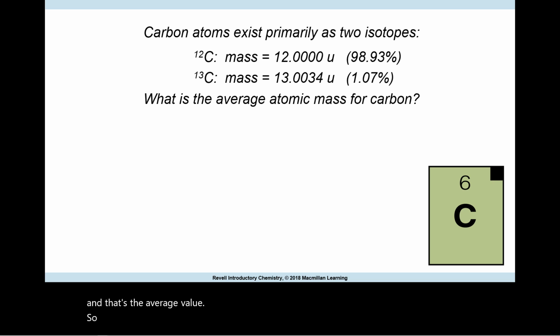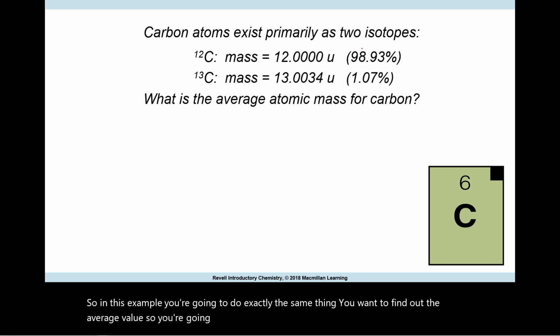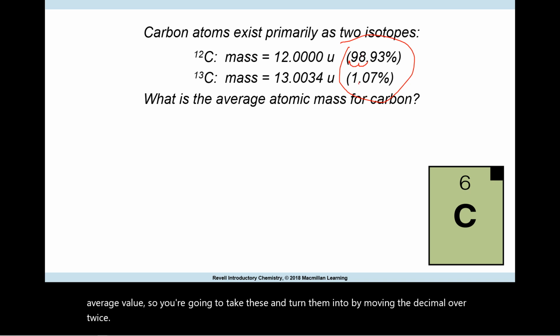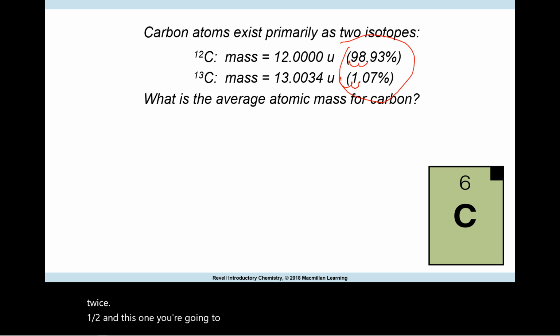So in this example, you're going to do exactly the same thing. You want to find out the average value. So you're going to take these and turn them into decimals by moving the decimal over twice. 1, 2, and this one you're going to move twice. 1, 2, like that.